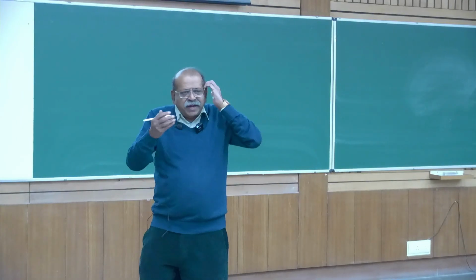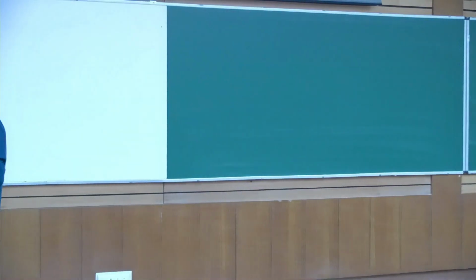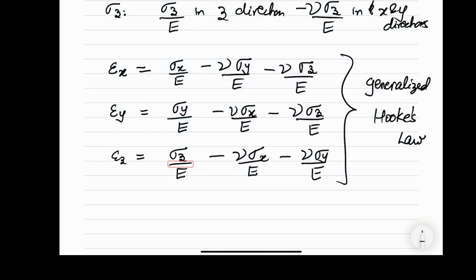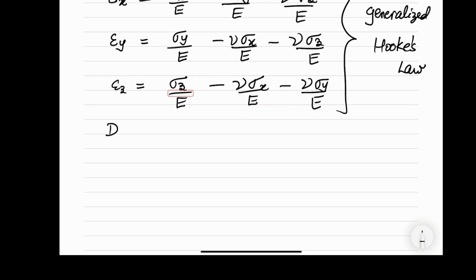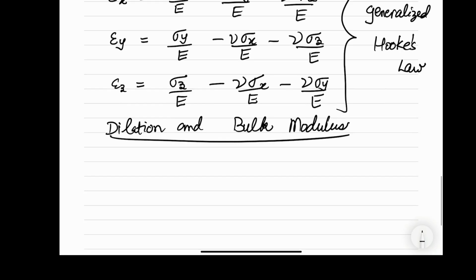So, slightly more advanced version of what you have done. Now, based on this, we define a couple of properties called dilatation and bulk modulus.